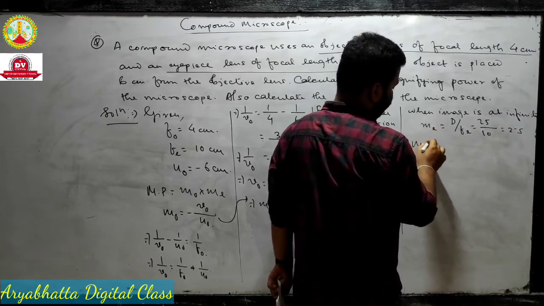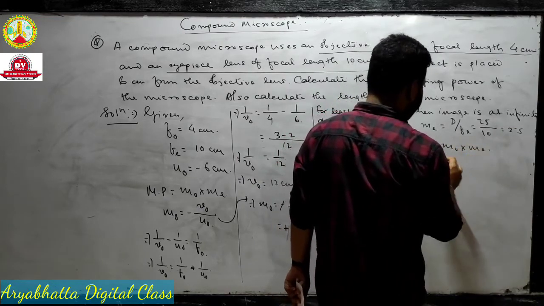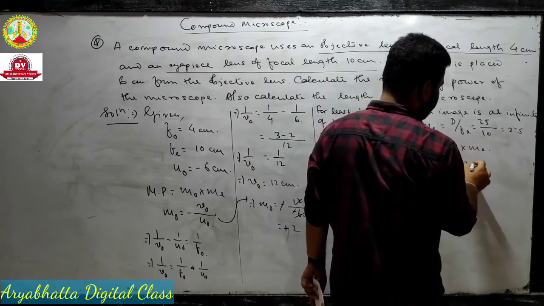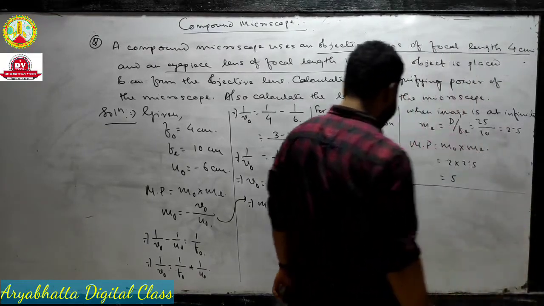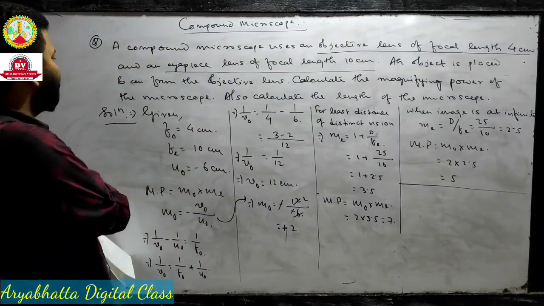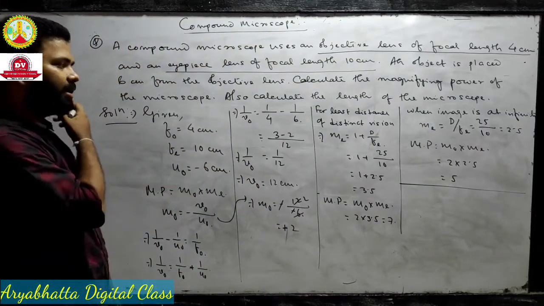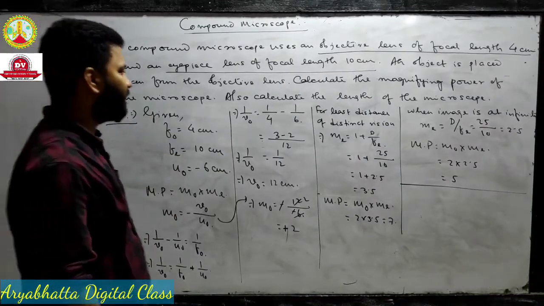So the magnifying power is MO into ME, that is 2 into 2.5 is equal to 5. So we have got the magnifying power for the microscope: one when the image is formed at least distance, another one when the image is at infinity.